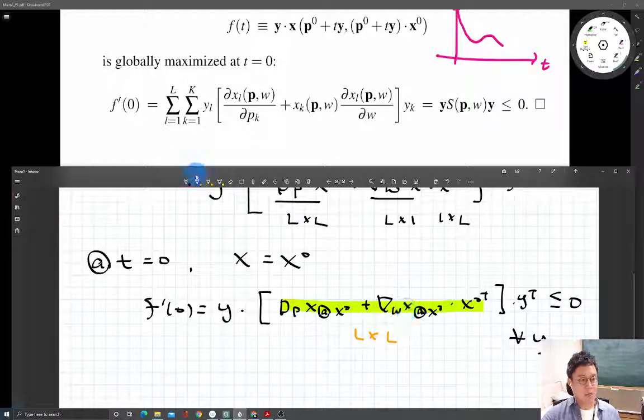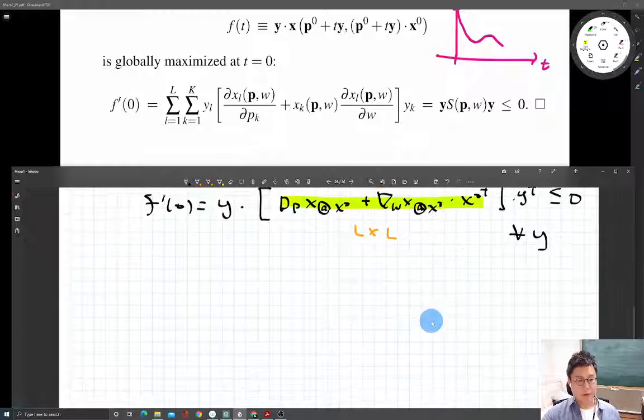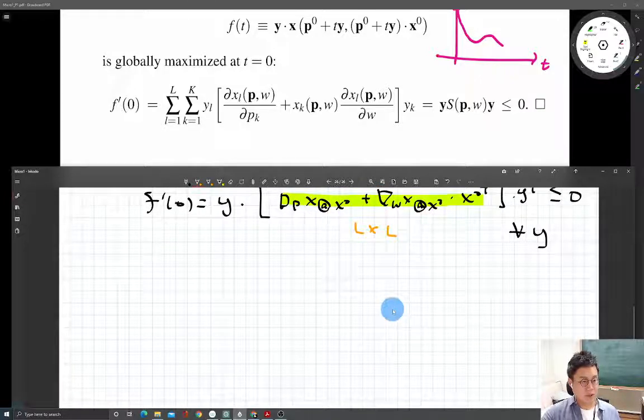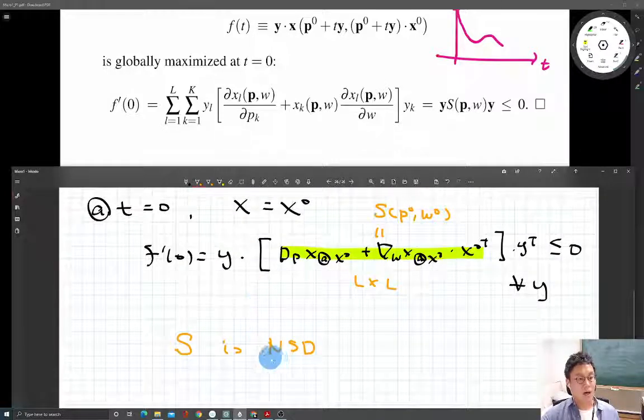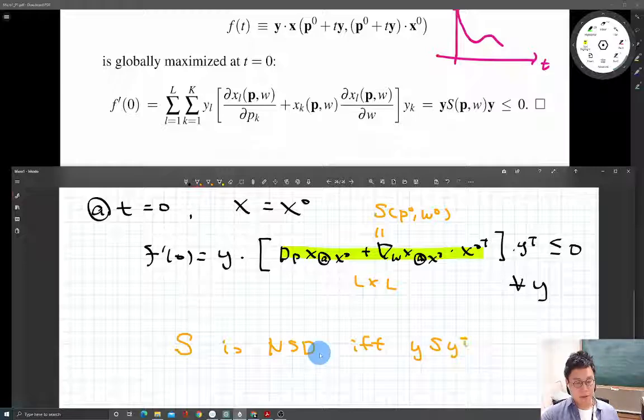Okay, so this was the Slutsky matrix at p0 and w0, but p0 and w0 were chosen arbitrarily. So in general, the Slutsky matrix is negative semi-definite. Because the definition of negative semi-definiteness is that every quadratic form y transpose times the matrix times y is non-positive for every y.